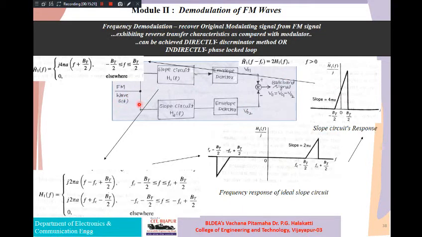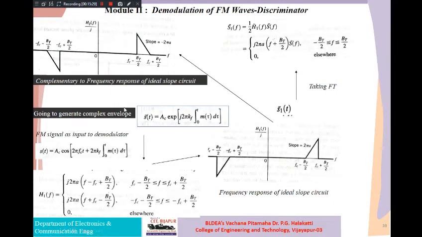Now in step 2, we are assuming that our FM signal S of t has a complex envelope denoted by S hyphen of t, that is Ac, the carrier signal amplitude, times e to the power of j 2 pi kf, the frequency sensitivity parameter, integral from 0 to t of the message signal, for a very short duration we are picking up here.